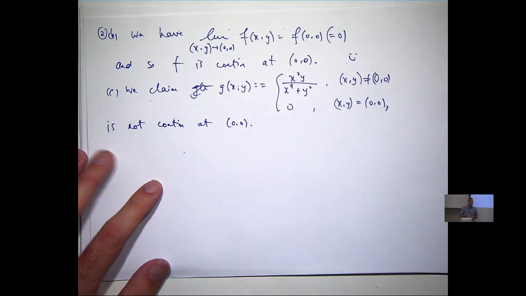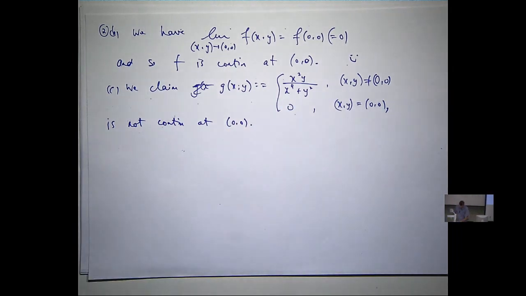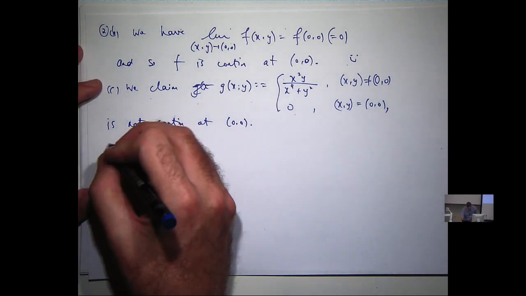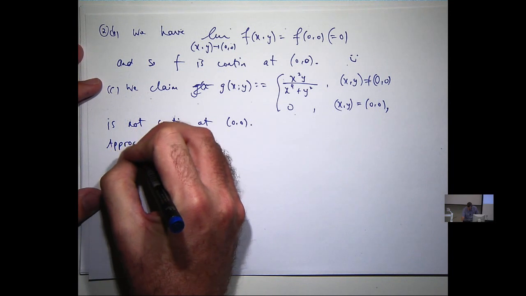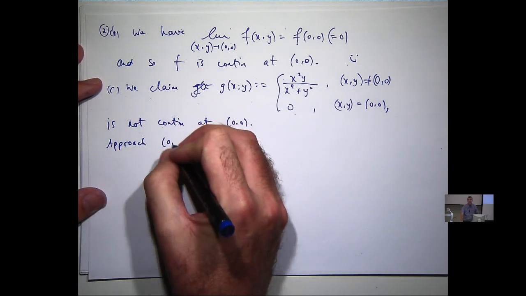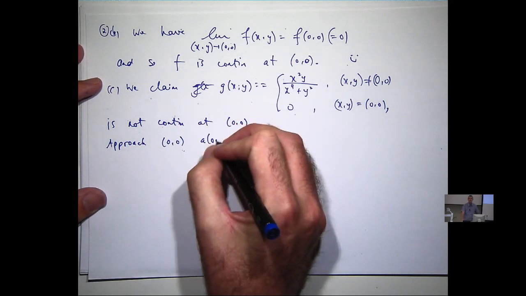So we're going to use the two-path test here. Now, remember the two-path test involves choosing two curves. And as you approach the origin along those two curves, you get different limits. But there's a nice way of rolling all of that into one. So let's approach 0, 0 along the following curves.